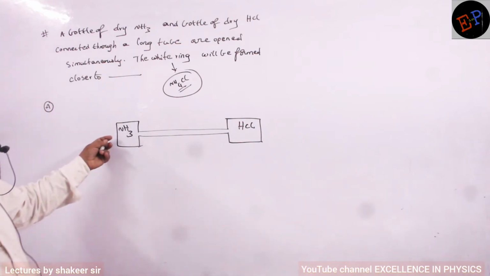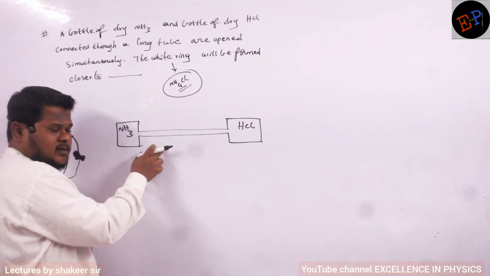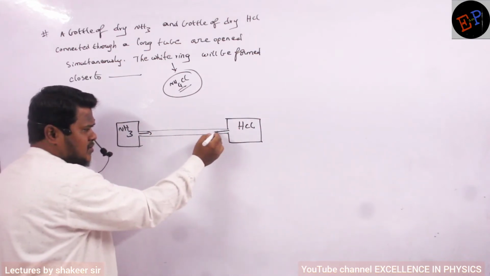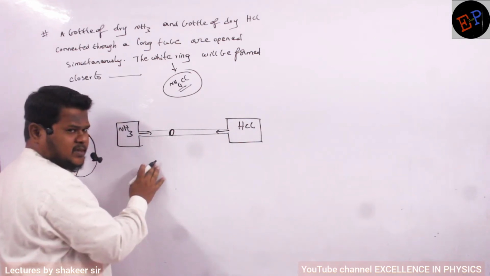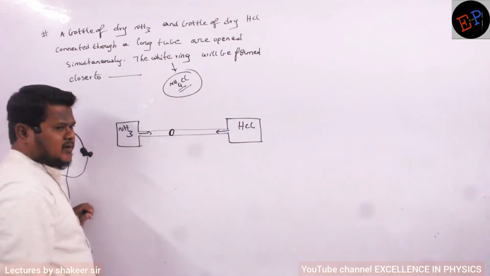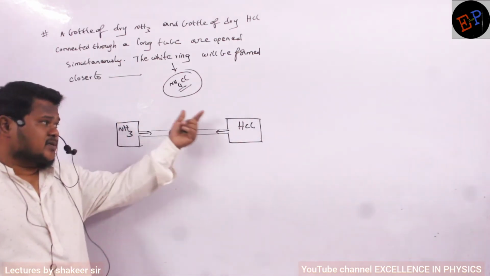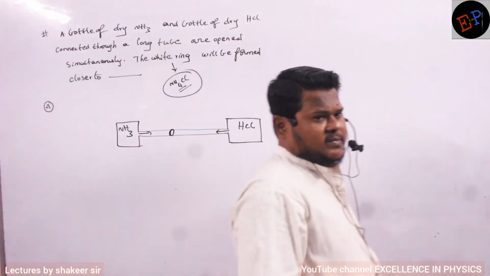So from this cylinder, NH3 starts diffusing, no? And from the HCl cylinder, HCl starts diffusing. Both of them, after reaching somewhere, react with each other. And wherever they react, a ring will be formed. So will this ring be closer to NH3 or closer to HCl? How can you say?